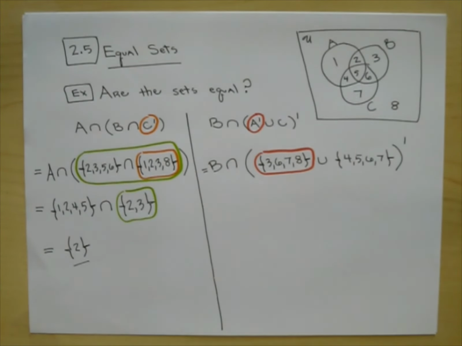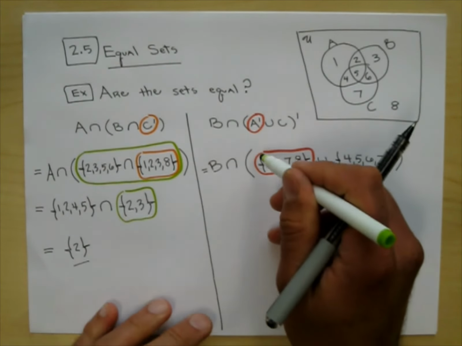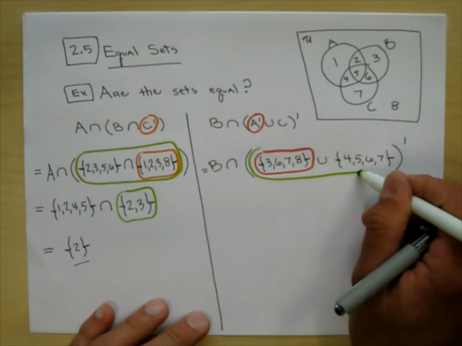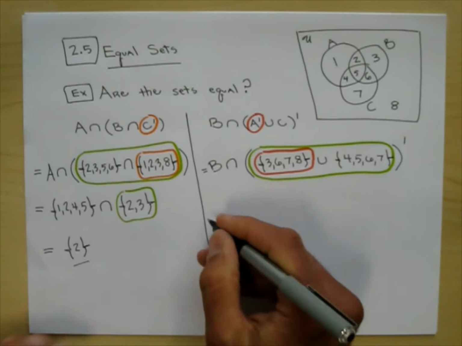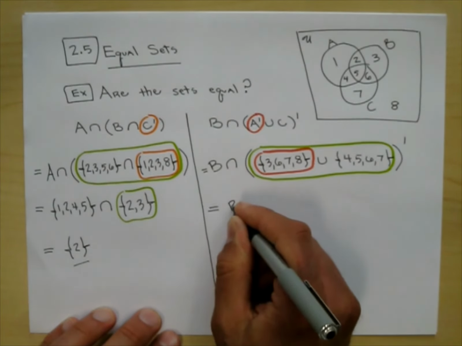Okay, so the next thing that I want to do is the union, because that's inside the parentheses. So I'm going to union those sets together.